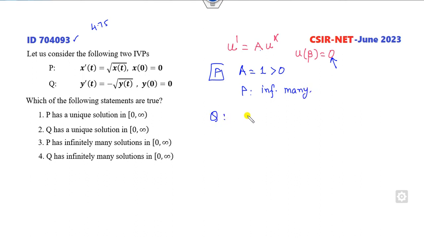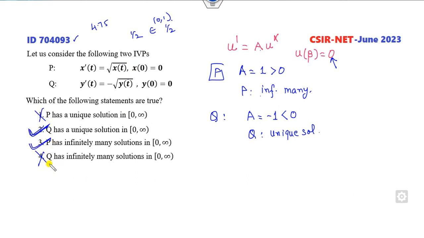For the case of Q, what is my A? A is -1, which is less than 0. So Q has a unique solution, because alpha in this case is half, both belonging to 0, 1. So P has infinite solutions, Q has a unique solution, and the rest of the options are cancelled out. The correct options are 2 and 3.